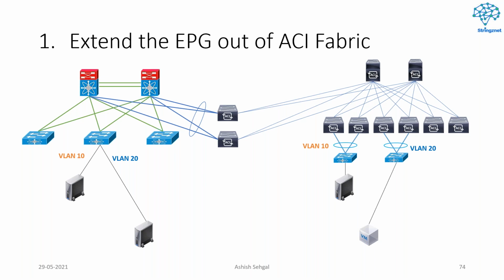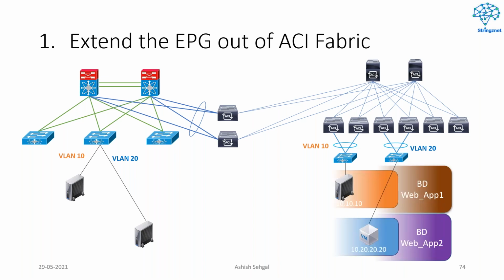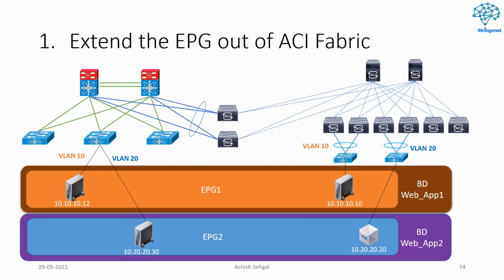Look at this particular lab. On the left-hand side, we have a legacy fabric, and on the right-hand side, we have an ACI fabric. There are servers in VLAN 10 and VLAN 20 in our legacy fabric, and servers in VLAN 10 and VLAN 20 in our ACI fabric. This lab will teach you how to extend your layer 2 out or layer 3 out beyond your ACI fabric so that you can migrate the servers in your legacy environment to your ACI fabric.